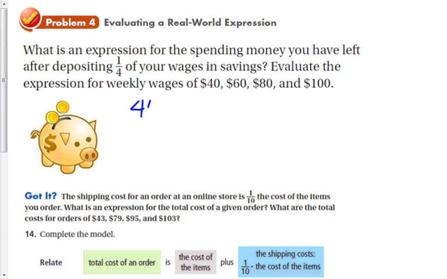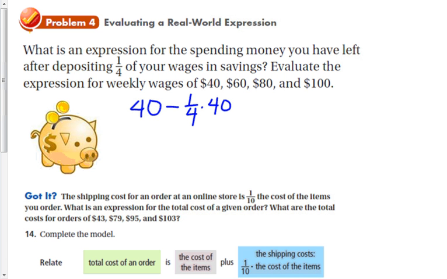So I have $40, and the amount I spend is how much I have left after I deposit 1/4 of that $40 into savings. So I'm going to take away the part that I'm saving. I'm saving 1/4 of 40, and the way you get 1/4 of 40 is to multiply 1/4 times 40, or do 40 divided by 4 if you like.